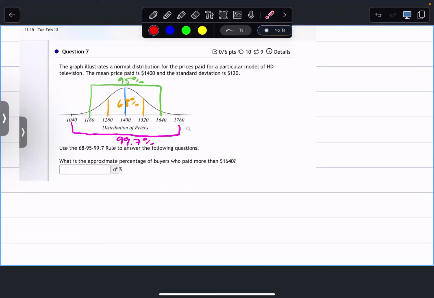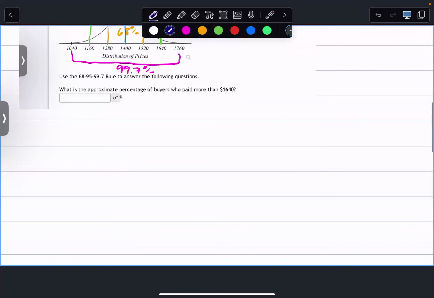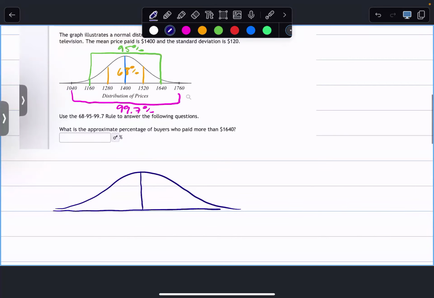And so what's the approximate percentage of buyers who paid more than 1640? More than 1640 is going to look like this. Right, you can answer this without the table that they give you, but it sure does help. 1640 here. Well, from the image, we know we have 95% here.